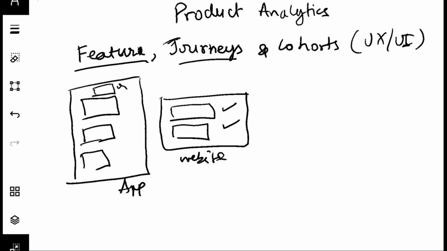For example, you have your search bar. Is your search bar working well on the website as well as on your mobile app, and so on and so forth? You individually need to look at these different features you have and whether they are working well or not.